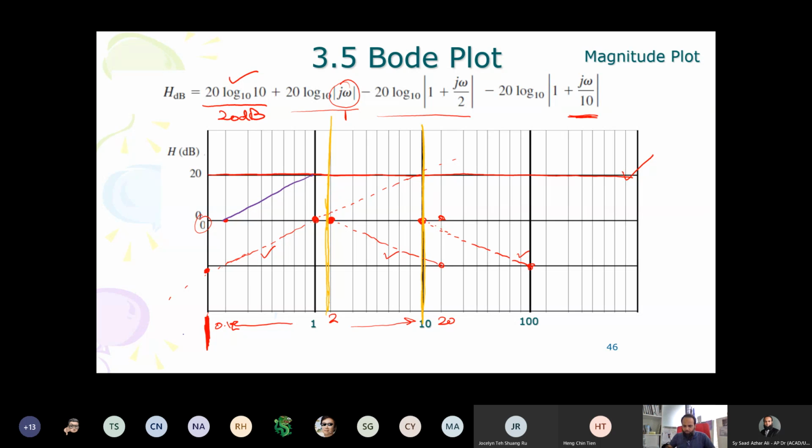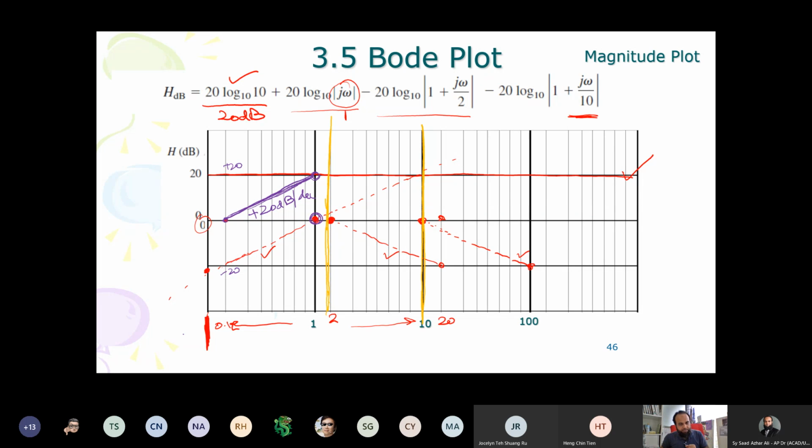So what is this line showing? This line is showing plus 20 dB per decade. At this point it is 0 because this is plus 20 and this is minus 20. The sum is 0. At this point this is 0 and this is 20. So this line is showing the resultant of these two lines.